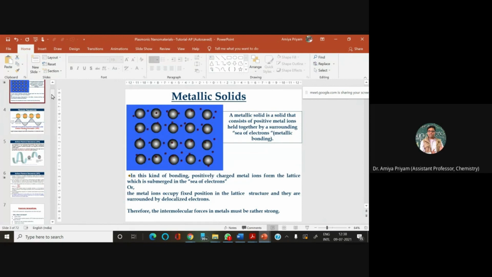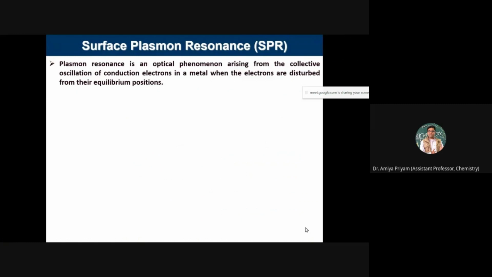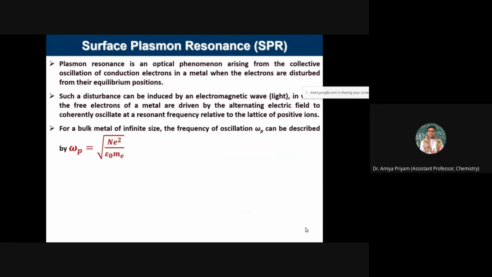Okay. So now moving further, these are the basics that we had discussed regarding the plasmon frequency. The SPR frequency for the bulk is defined as the square root of N e squared over epsilon naught m e.